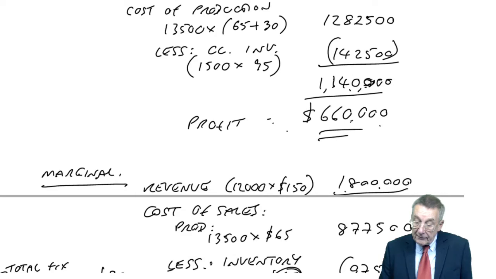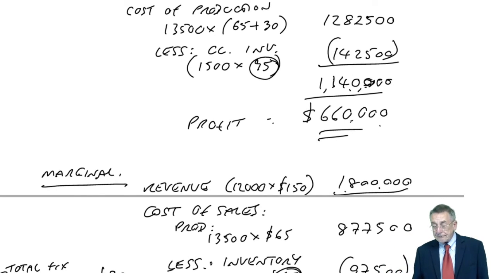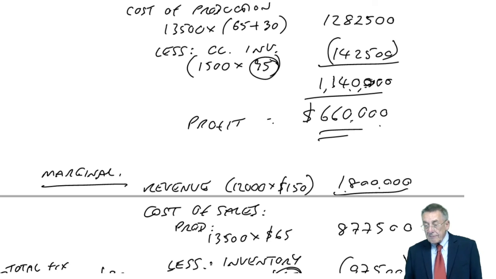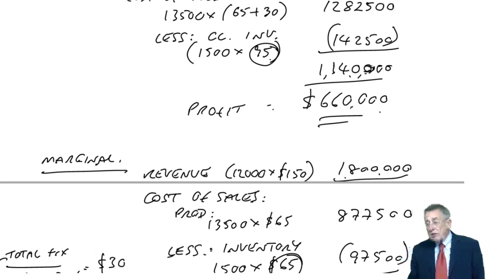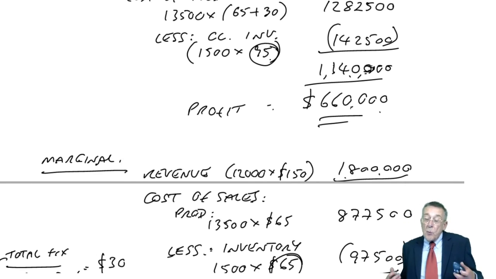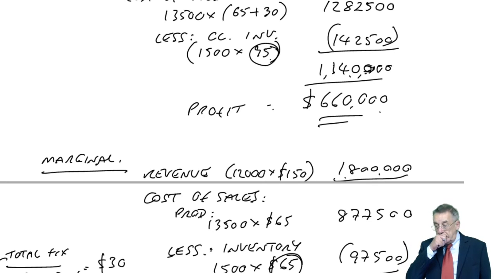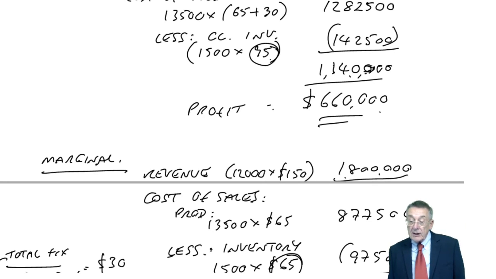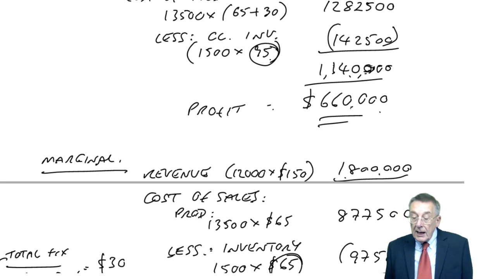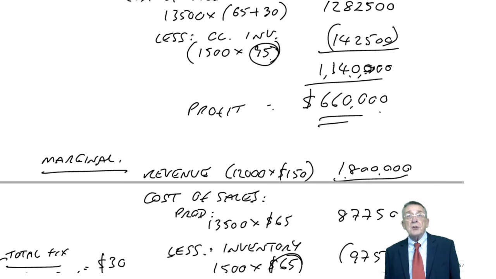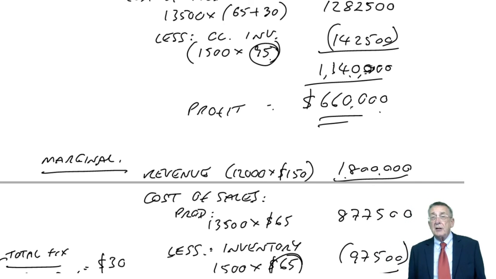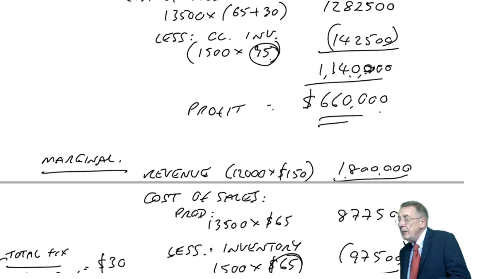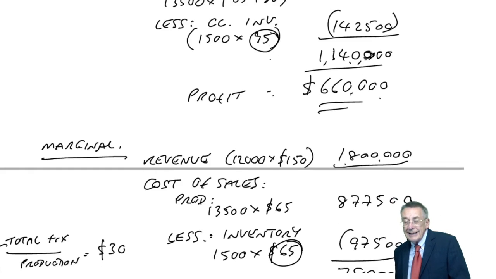It's been valued at 65 with marginal and 95 with absorption. Different inventory values will result in different profits. And why has the inventory been valued differently? It's because in the case of absorption, it includes fixed overheads. In the case of marginal, it doesn't.